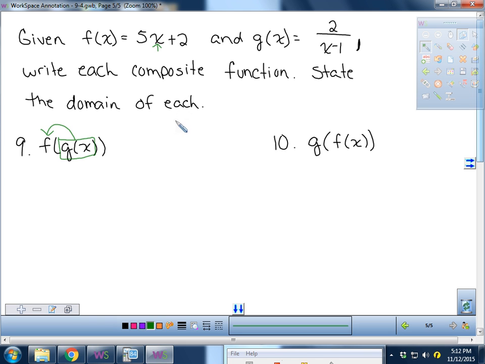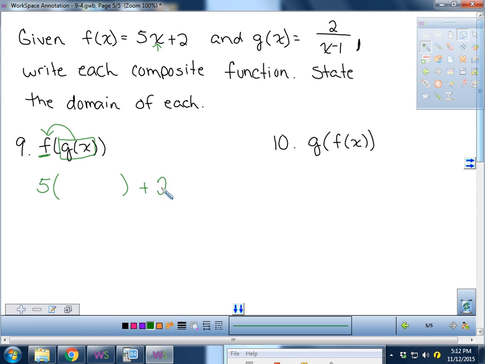So this is what I want you to do every single time. Whatever you're going to be plugging into, which in this case we're plugging into f, it's always this one that's on the outside. We're going to write that down, but instead of putting an x, we're going to put a big parenthesis because we're going to plug in for that x. So I would have 5, and then instead of x, I'm going to put a parenthesis, and then after that you've got plus 2.